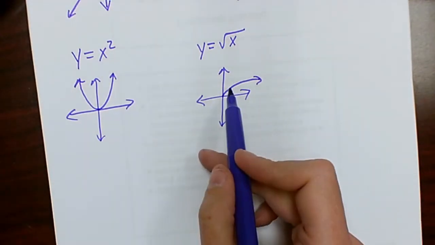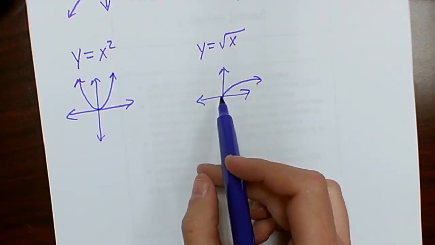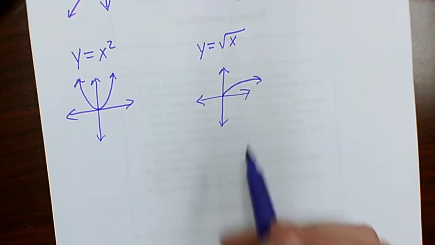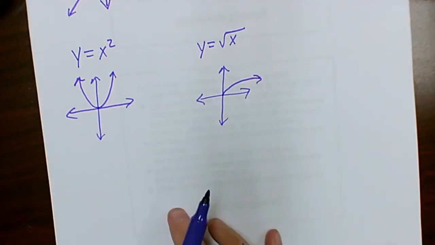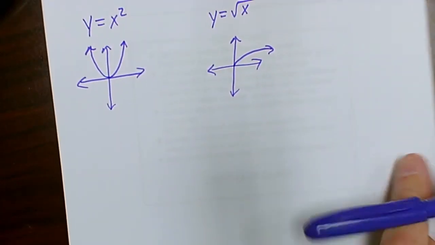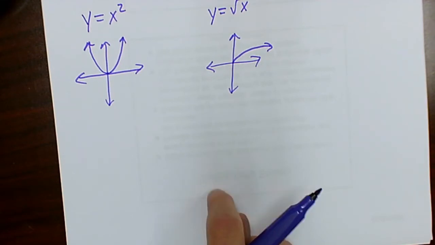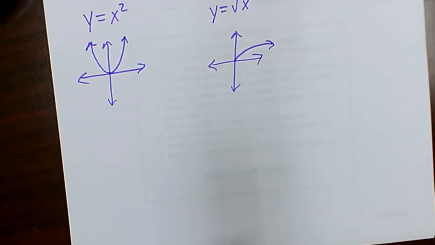Because otherwise, if we say square root of x is positive and negative y, we would have another leg down here, but then that would not be a function. A function is only 1 to 1, 1 x to 1 y, not 1 x to 2 y's. So that's why we focus in on the square root of the positive value, or the principal square root.